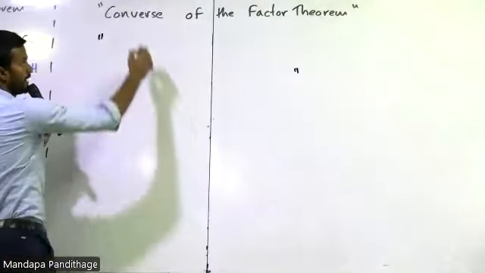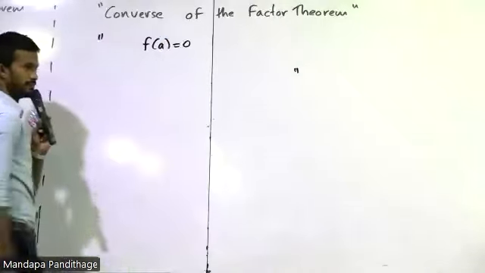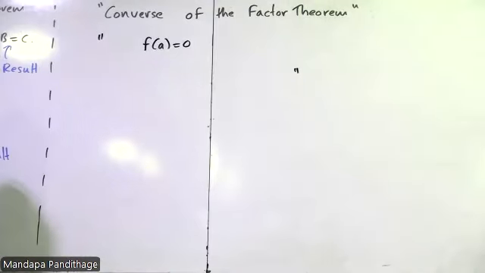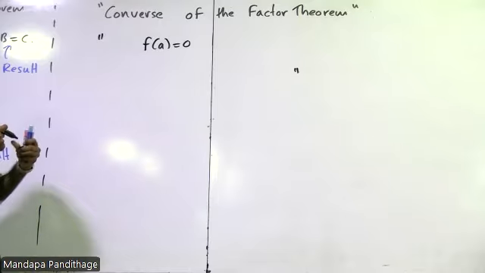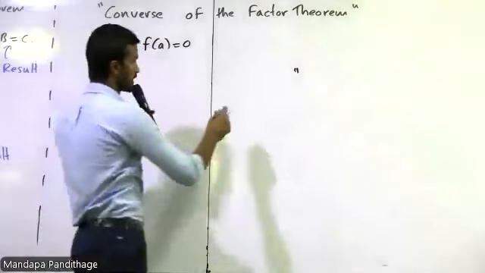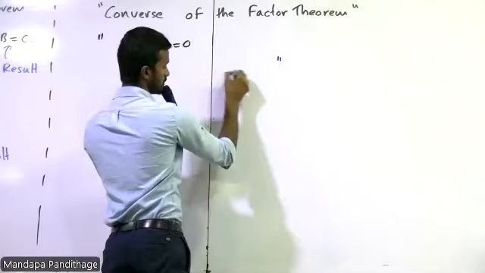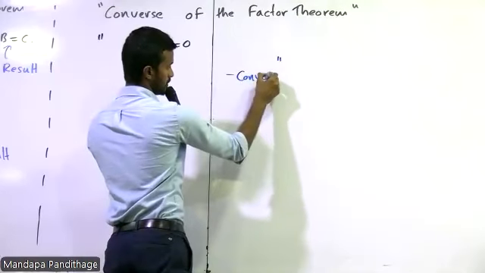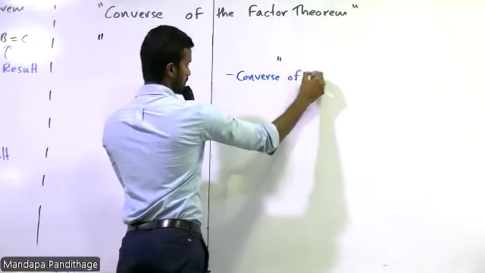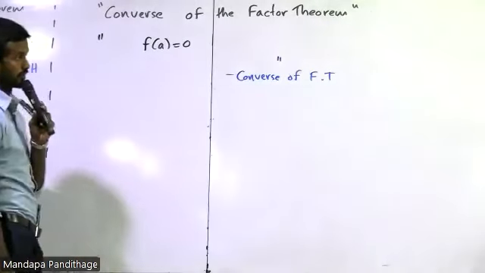If f of a equals 0, then x minus a is a factor of f of x.